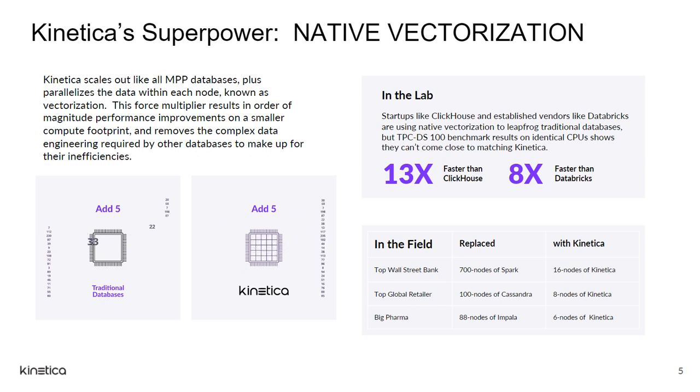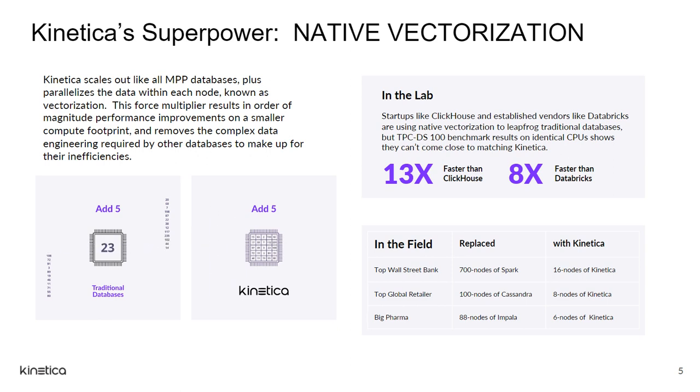So at a major bank, we removed 700 nodes of Spark and delivered it in 16 nodes of Kinetica. A major retailer, 100 nodes of Cassandra and 8 nodes of Kinetica. And that's a theme we see over and over. With Kinetica, we're able to allow the developers and teams to be able to take away the tax and the penalty of dealing with real-time data streams, to take away the penalty of having to simplify and denormalize and pre-aggregate metrics for the data consumption layers, and actually just let the data come in easily.